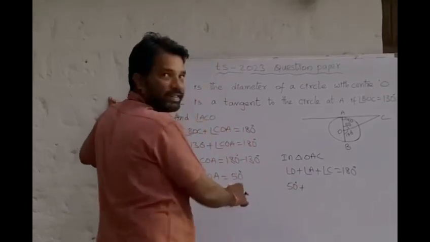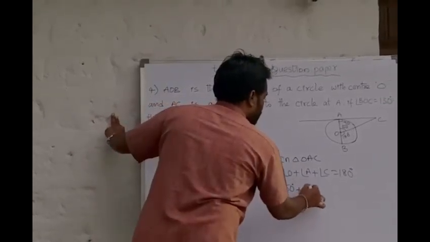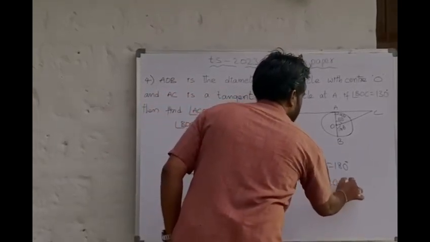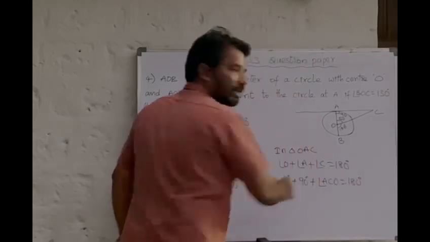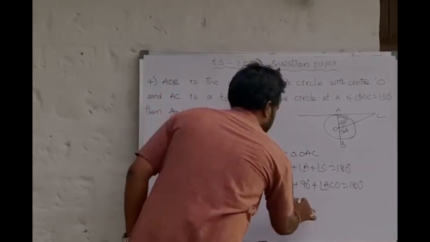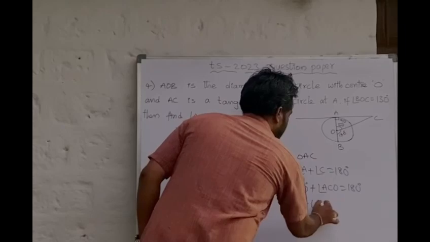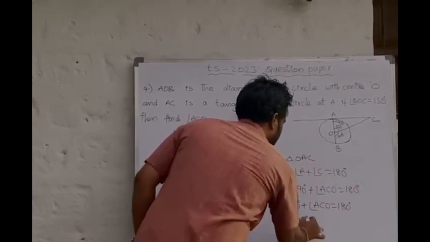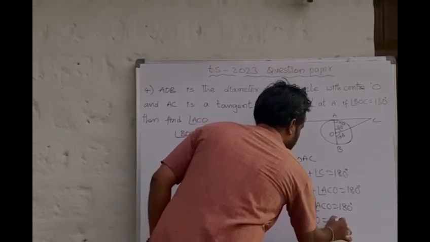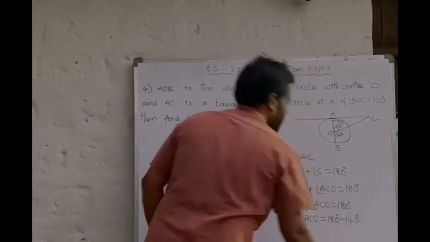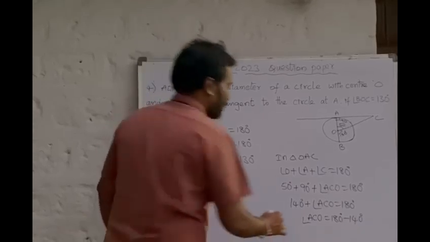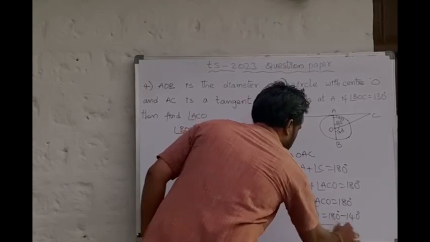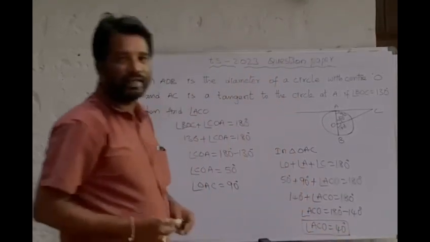Angle A means OAC, that is 90 degrees. Angle C means ACO. 50 plus 90 is 140. 140 plus ACO is equal to 180. Angle ACO is equal to 180 minus 140. So angle ACO is equal to 40 degrees.